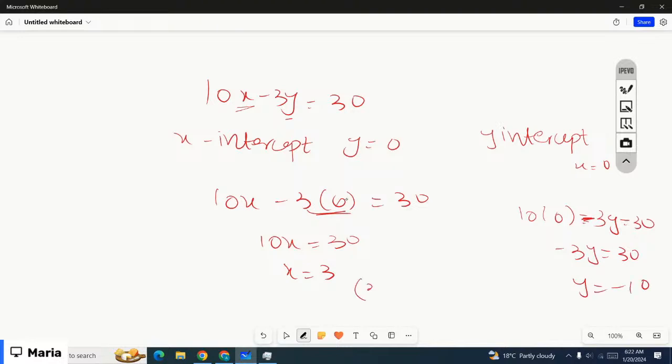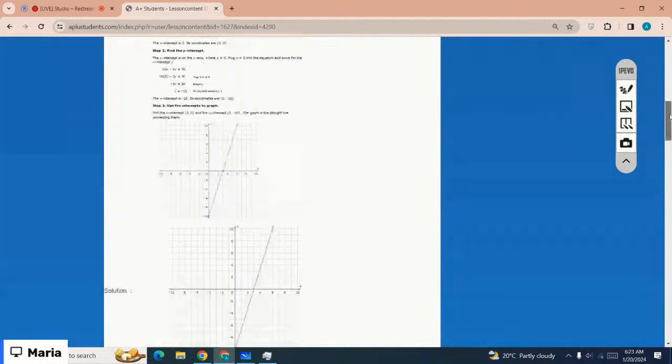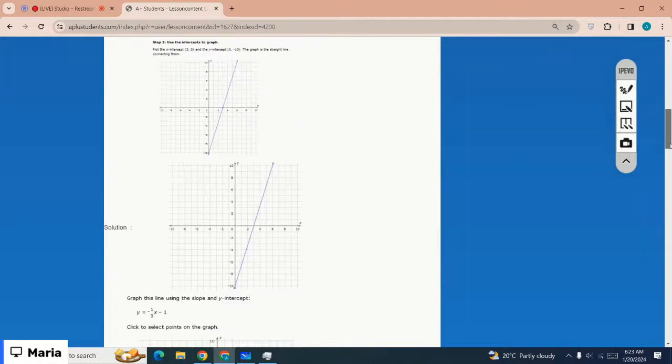So the x-intercept is (3, 0). The y-intercept is (0, negative 10). So just plot these 2 points and join them to make a line. Here is (3, 0) and here is (0, negative 10). So just join these 2 points and make a line, right?